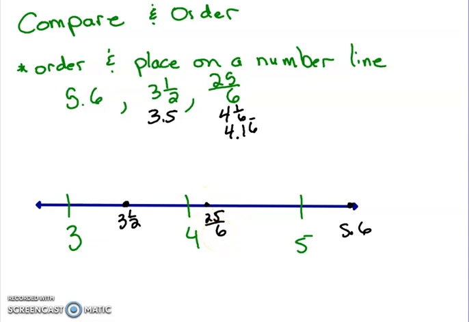And again, the reason we put them in decimal formation is so we can see where each belongs on the number line. If it's 4.4, we would put it a little bit further, like here. If it was 4.8, we would put it here. We'd put it more accurately. So 4.16 is just slightly past 4, and that's why I put it there on the number line.